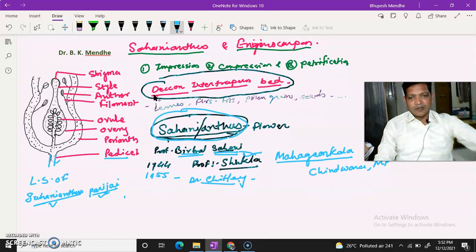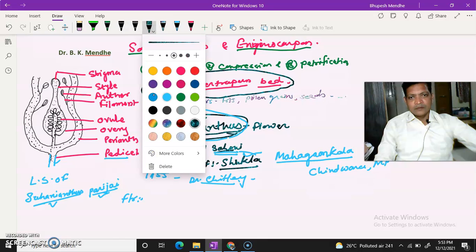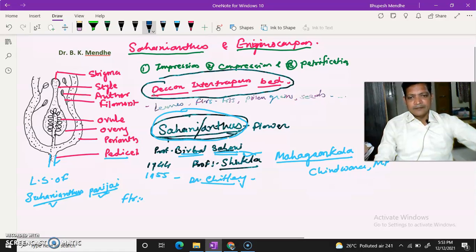It means that the flower was pedicellate, not sessile.